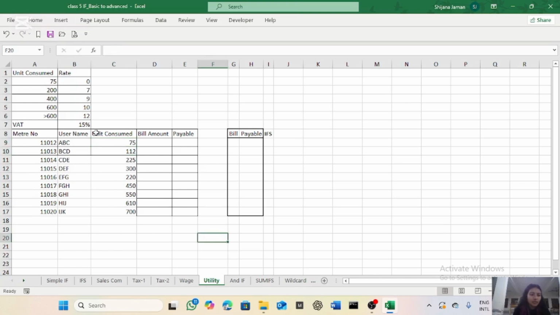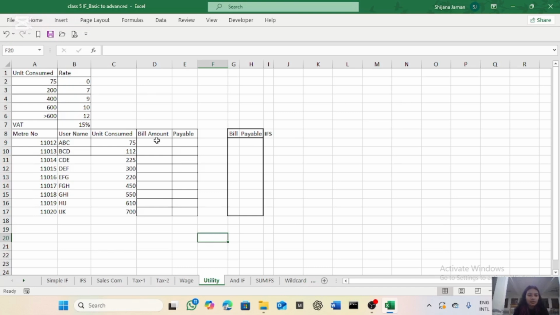So for unit consumed, if unit is greater than 600, rate will be 12%. If greater than 400, rate will be 10%. If unit consumed is greater than 200, rate will be 9%. And if unit consumed is 70 or less than 70, the rate will be 7%.